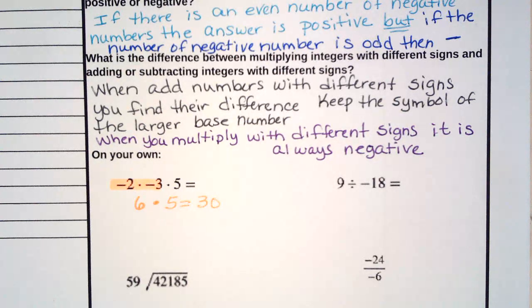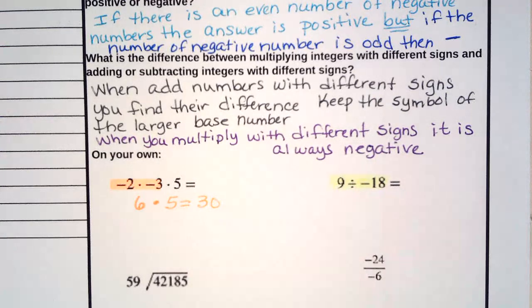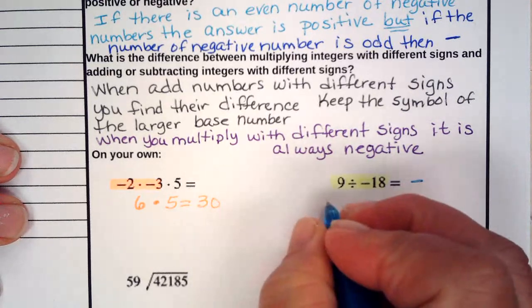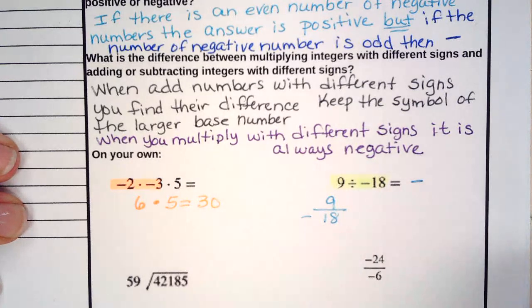On the next one, we're going to end up with a fraction. But we've got a negative, so we know whatever it is, it will be a negative number. 9 over -18.